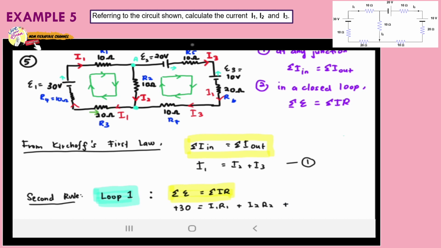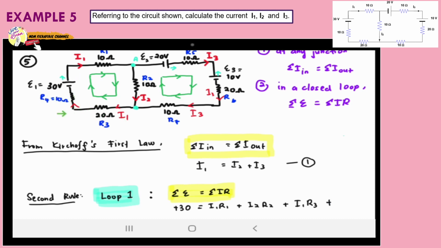Plus, same goes to here. We have I1 that passes through R3, and the direction of current I1 and the loop is the same direction, so it's positive I1 R3. Plus here we have R4, where the current that passes through R4 is I1.